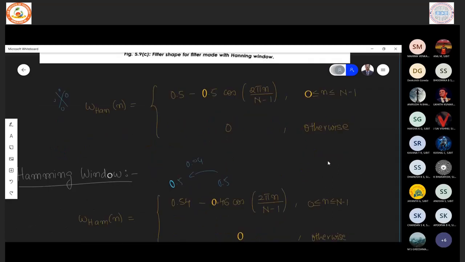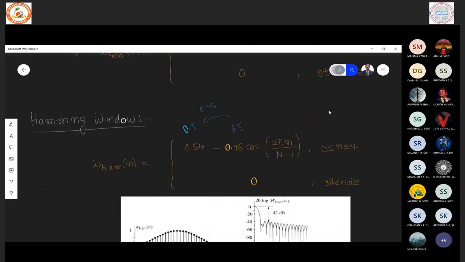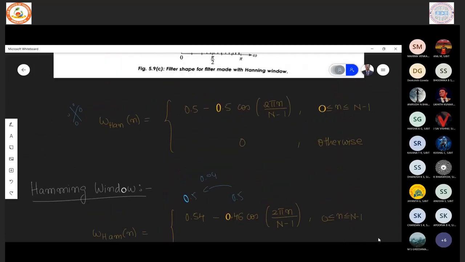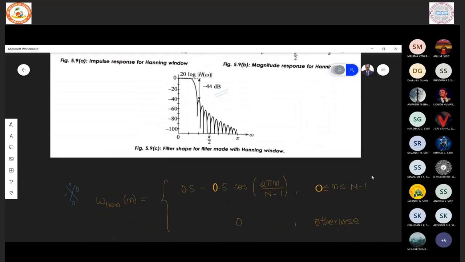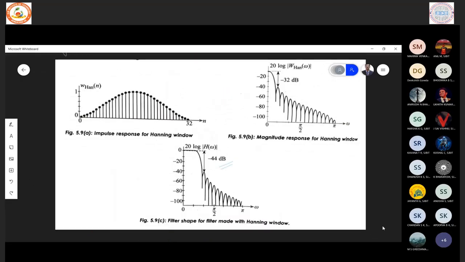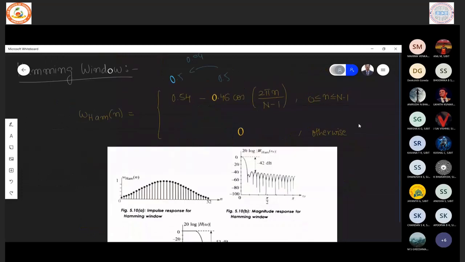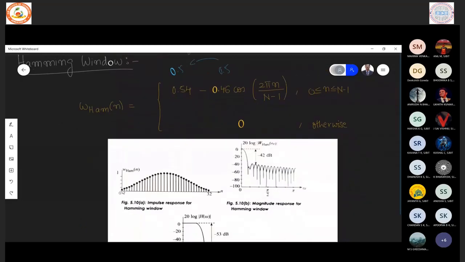The next window type is called the Hamming window. Shape wise you can see it is almost the same but not exactly the same. At the beginning it starts a little sooner, and the height is a little more. This is Hamming.